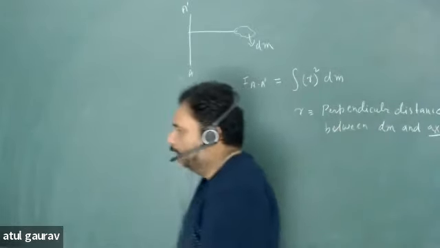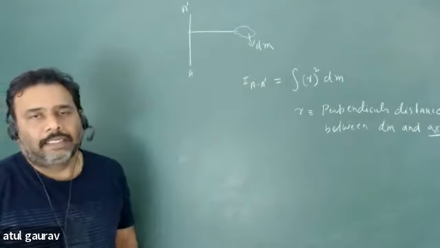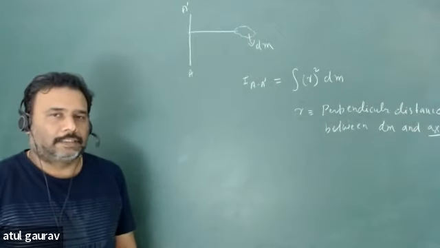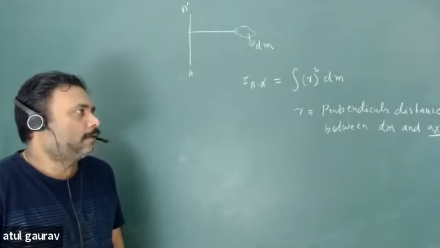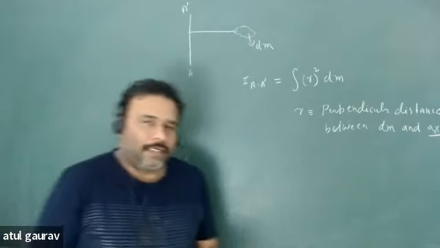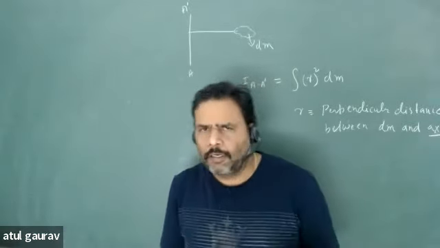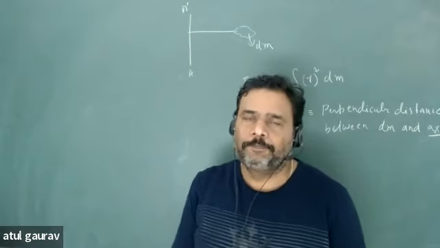So it is a very basic thing that you can use in each and every problem. You have to always go for the perpendicular distance. If you solve all the problems from this method, theoretically you can solve them, but it will take a lot of time.